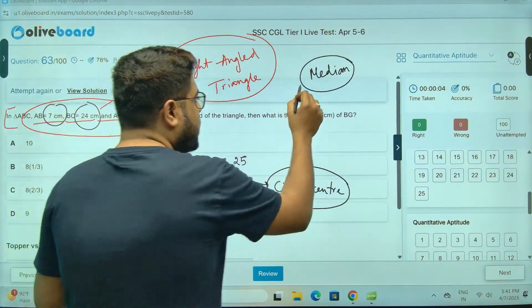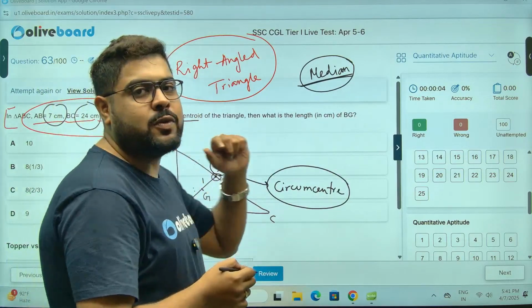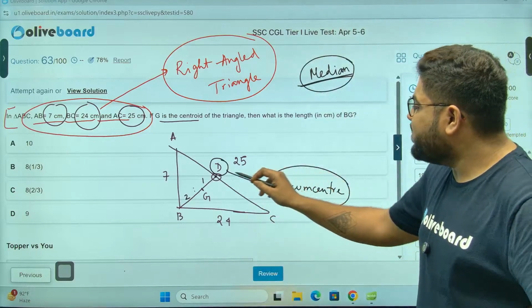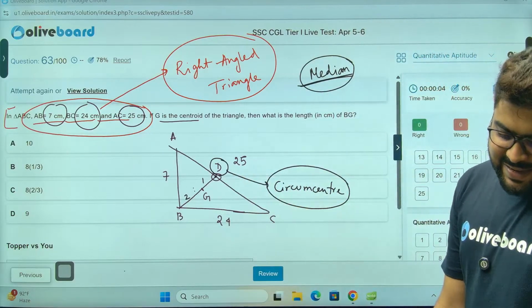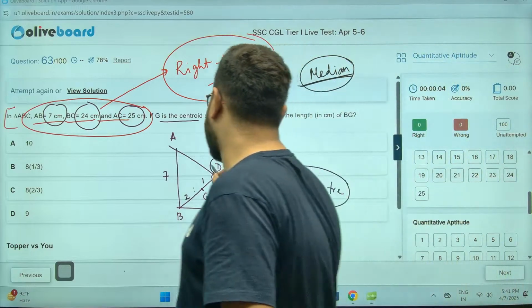So whenever they talk about median, this is the midpoint. Also we know the circumcenter of a right angle triangle is nothing but the midpoint of the hypotenuse.